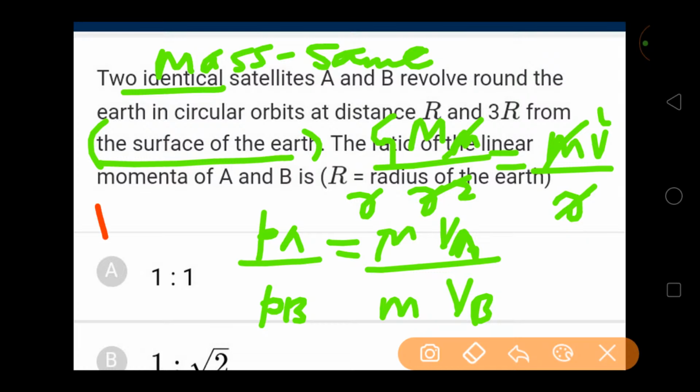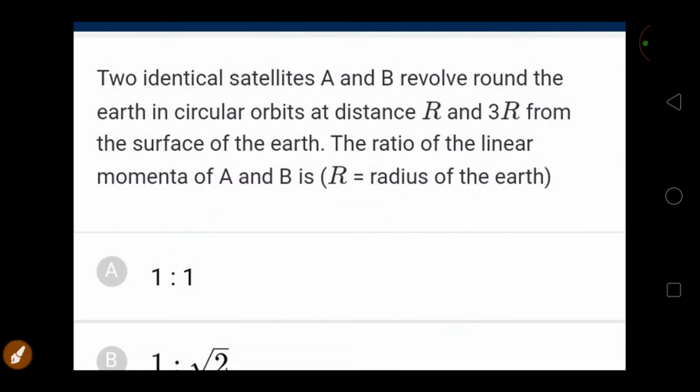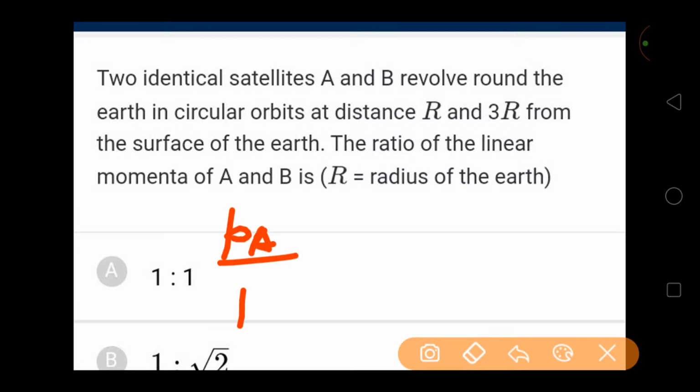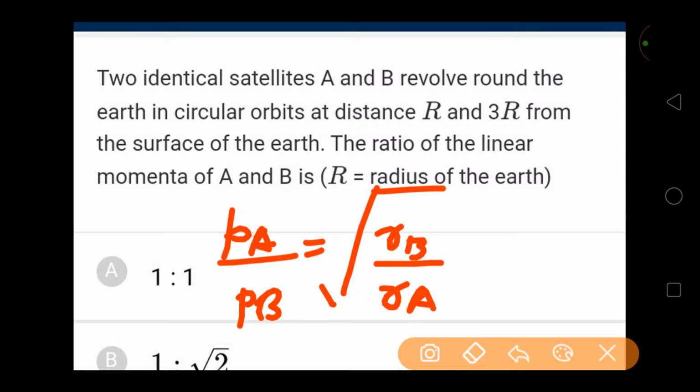So velocity is inversely proportional to square root of radius of the orbit. So what can we say now? PA by PB is equal to square root of the radius of the orbit of B by radius of the orbit of A.